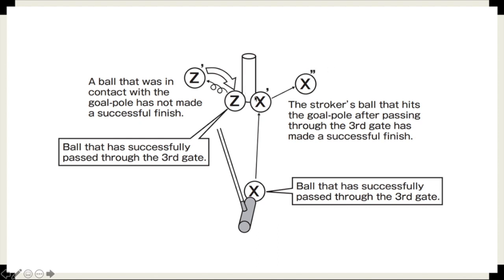We can also see ball Z here, which is another ball, was also in contact with the goal pole, and we can see that ball Z has also passed through the third gate. But the impact with the goal pole that ball X had, the stroker's ball, resulted in ball Z moving away from the goal pole because it was in contact with it.